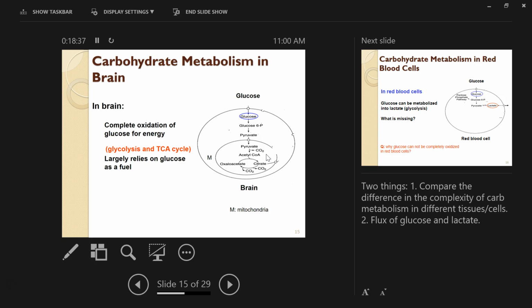But brain cells usually don't do glycogen synthesis or glycogen breakdown. They don't have much glycogen stored in the brain cells, right? And they will also not do gluconeogenesis. So you also want to be able to recognize a diagram like this, based on the metabolic pathway, whether this cell is a brain cell, muscle cell, liver cell, whatever.